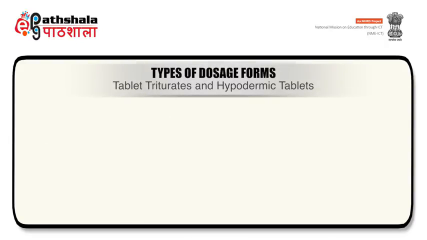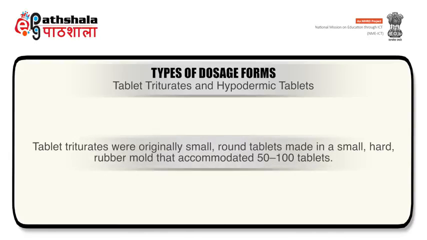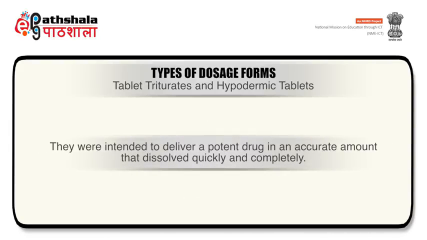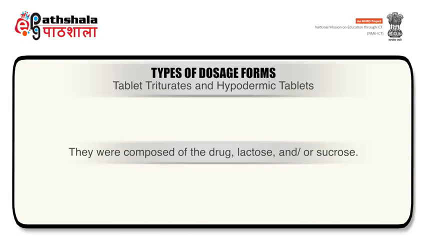Tablet triturates and hypodermic tablets. Tablet triturates were originally small, round tablets made in a small, hard rubber mold that accommodated 50 to 100 tablets. They were intended to deliver a potent drug in an accurate amount that dissolved quickly and completely. They were composed of the drug, lactose and/or sucrose.